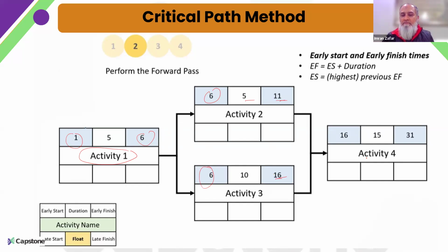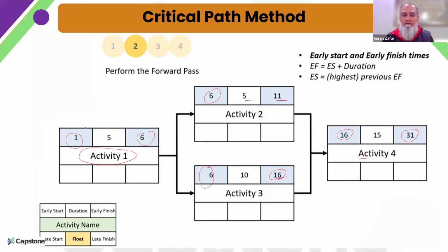Activity 4 is dependent on both these activities. So unless both these activities finish, only then can we start activity 4. Activity 3 is finishing on day 16, so it can be started on day 16. And now I know that I will be needing 31 days to complete the project after doing this calculation.